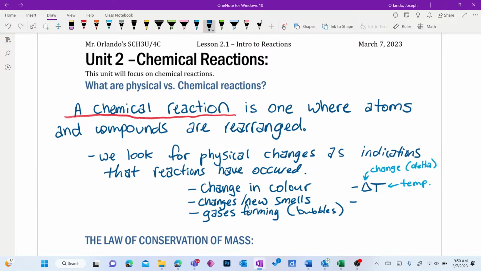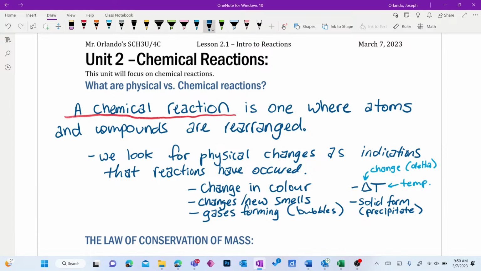Gases could form. What else could form? Could a solid form? Sometimes you mix 2 liquids together and you get a solid forming, which could potentially be a sign that a reaction has happened. We call that a precipitate. Now, just to be clear, these things don't always mean that you've made a chemical reaction.